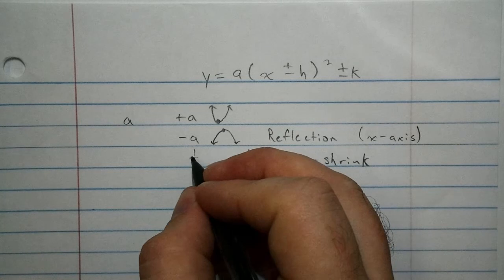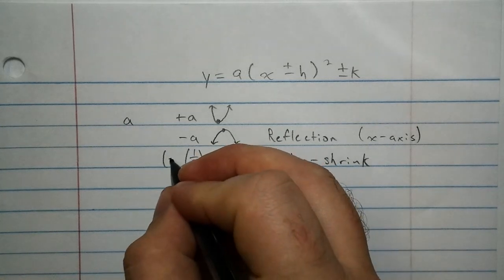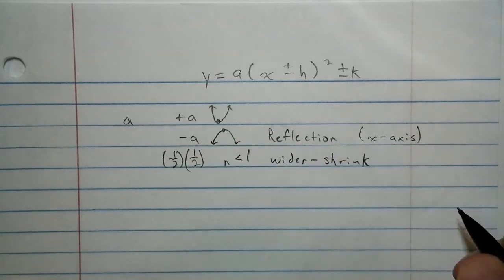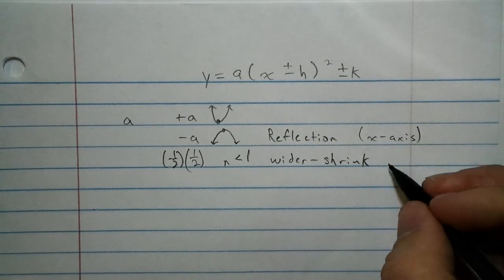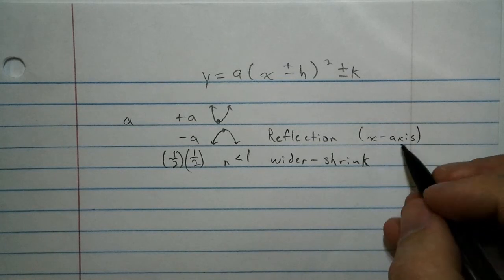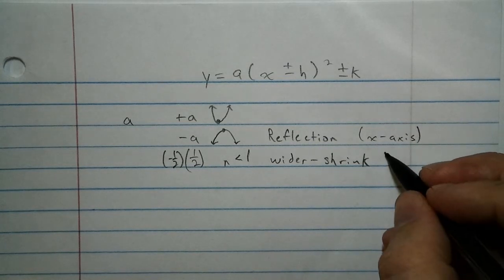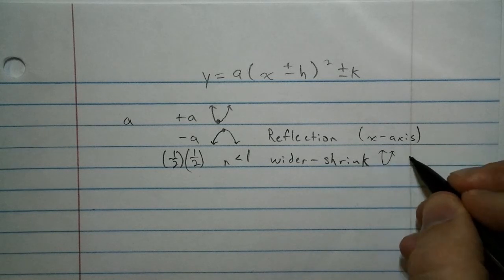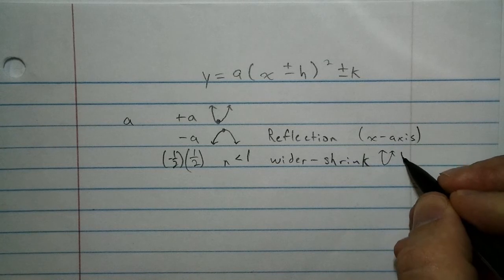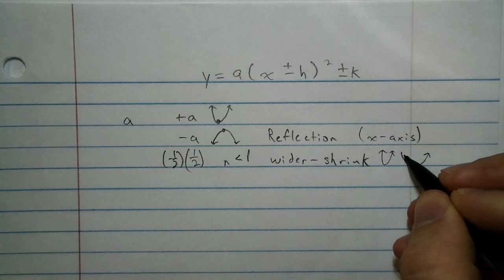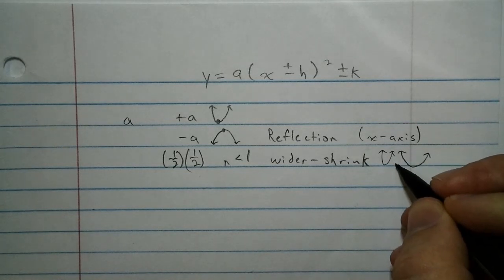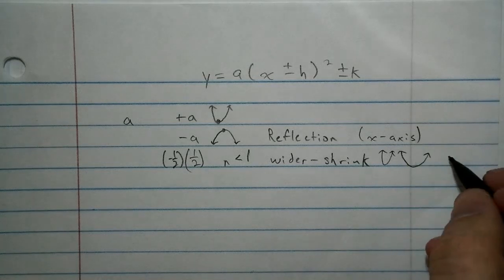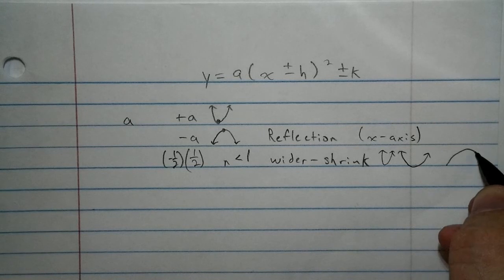So it could be like 1/2 or like negative 1/2. That is going to be a shrink. It's getting wider. So instead of a normal parabola, it's going to get really long and wide. That would be if it was positive. If it was negative, it would just flip and go wide like this.